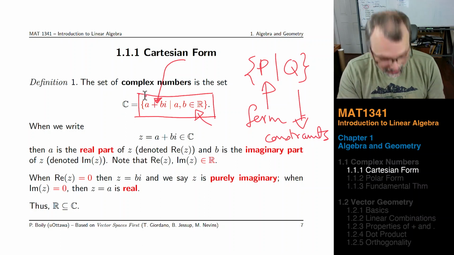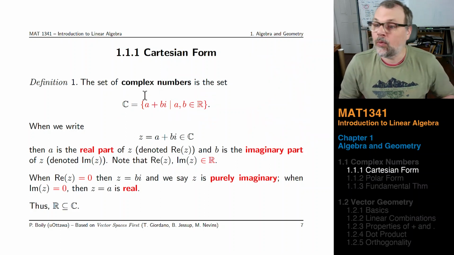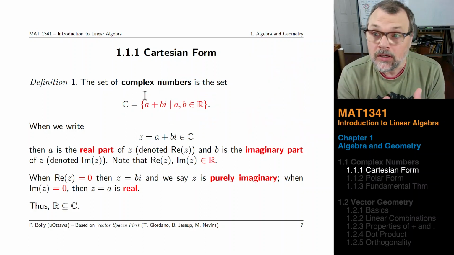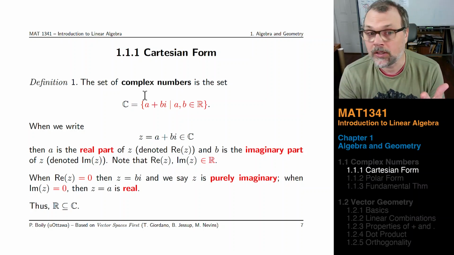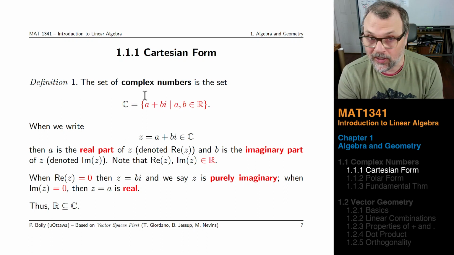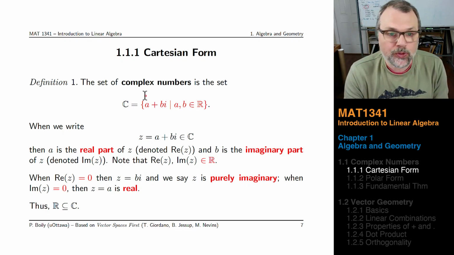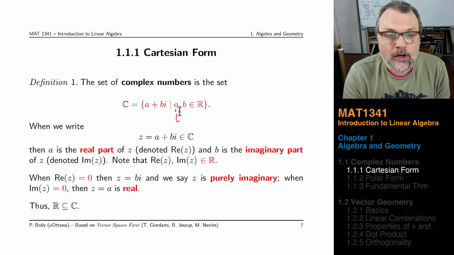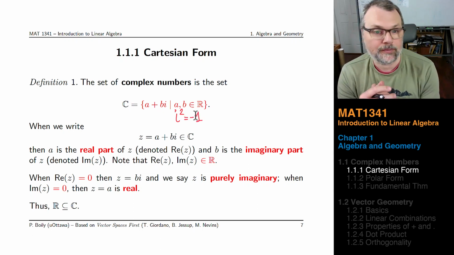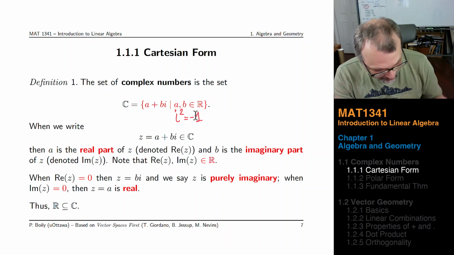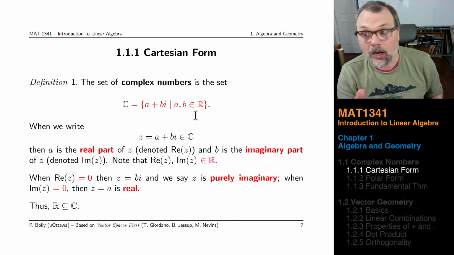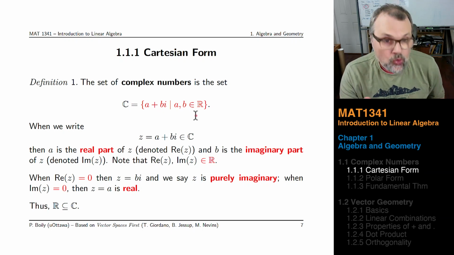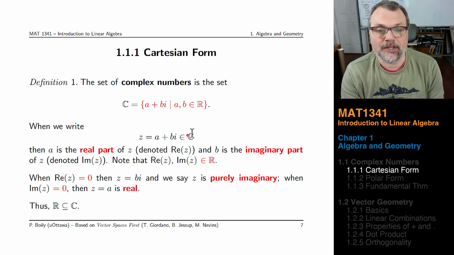So this set here, C, is the set where every element has the form a plus bi, and the restriction is that a and b are real numbers. You could add as a restriction that i squared is equal to minus 1, but that's also sort of implicit here. It's a given. When you take an element from the set C, C for complex numbers, you write it as a plus bi.